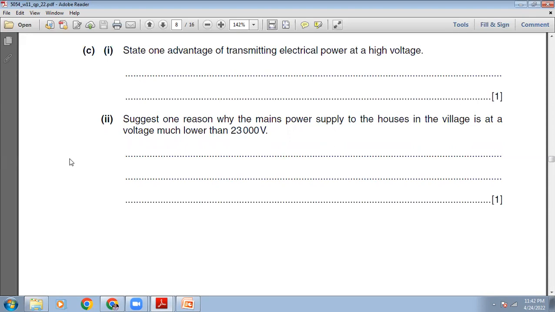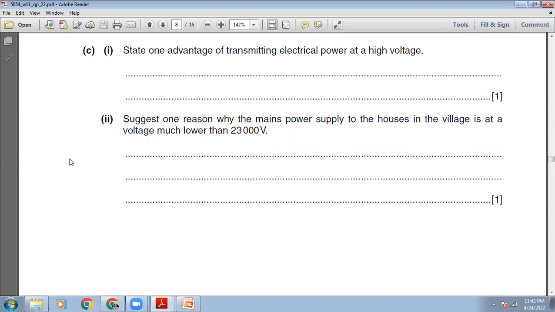So that's one reason why the main power supply to the houses in the village is at a voltage much lower than 23,000 volt. You see, 23,000 volt is a very high voltage and it is very dangerous. So you cannot bring this voltage into a house.